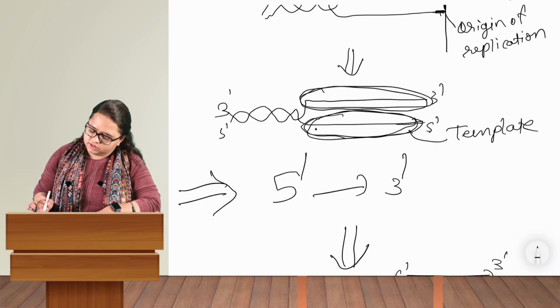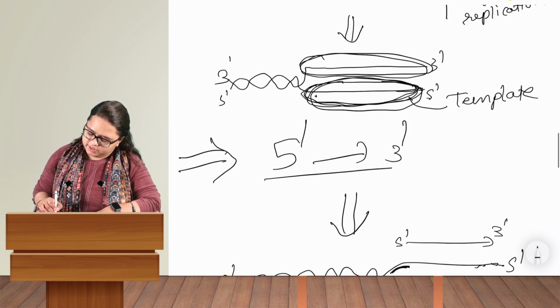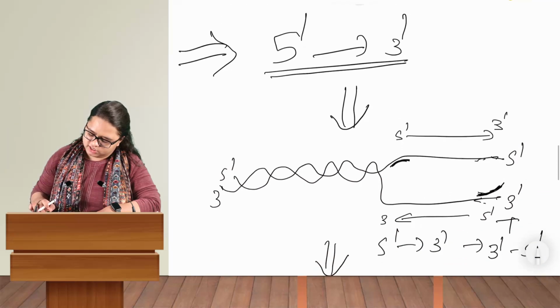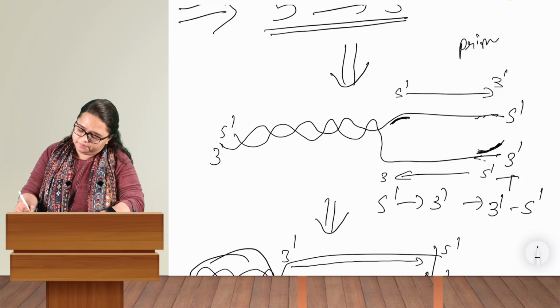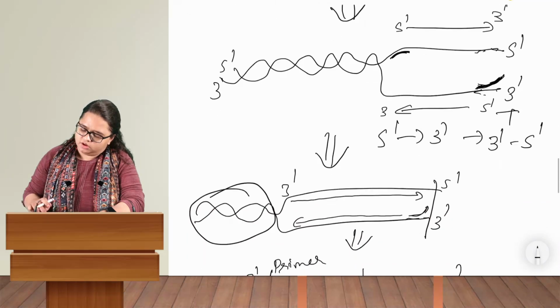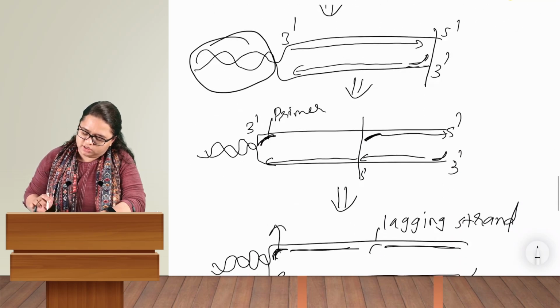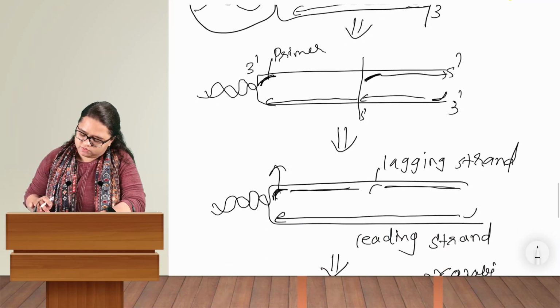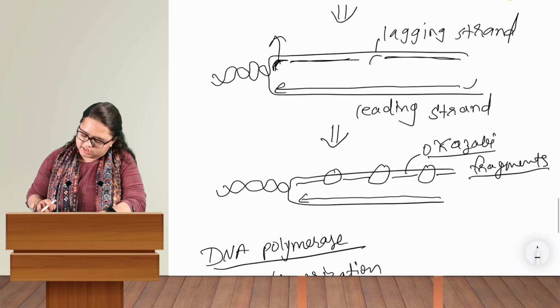Now the main DNA is known as template strand, and replication always takes place in the 5' to 3' direction over here. And we need a primer. What do we need? A primer. It will bind at the 3' direction only, and on the leading strand, that is the 3' to 5' direction strand, it will synthesize 5' to 3' DNA, and on the lagging strand, the fragments we found are known as Okazaki fragments.